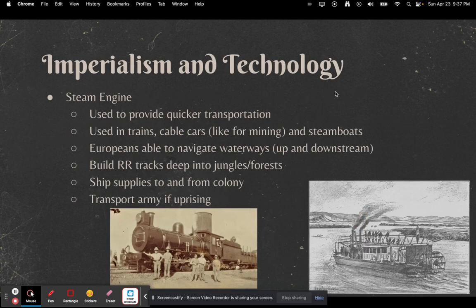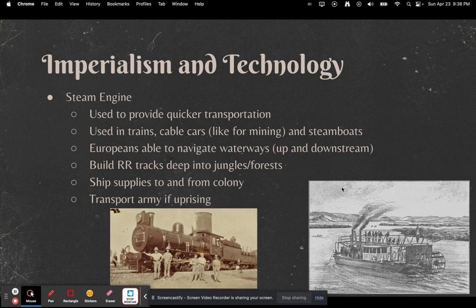All right, so it was used to provide quicker transportation because it was used in things like trains and cable cars, especially cable cars for mining. So you can get down deeper into a mine faster, and also steamboats. That's going to be a really big one in Africa where there are lots of rivers. Europeans were able to navigate waterways upstream and downstream, because it's really hard to paddle upstream.